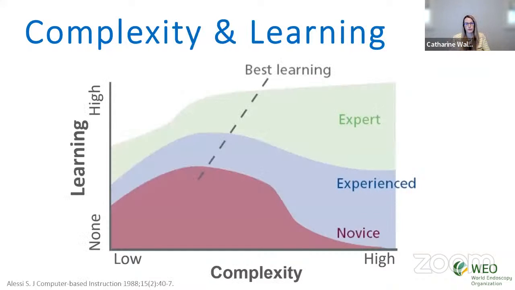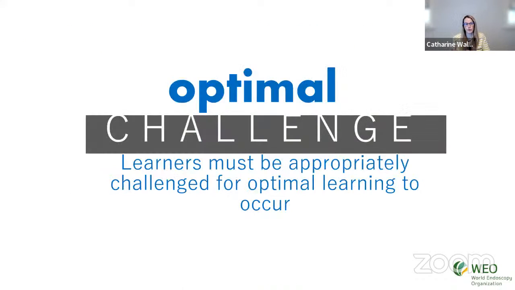And this is a visual model to depict the relationship between complexity and learning. Novices generally require less complex tasks so that they're not overwhelmed. Whereas as you gain skills, you require more and more complex tasks to be able to challenge you appropriately. And this relates to something called the optimal challenge point.